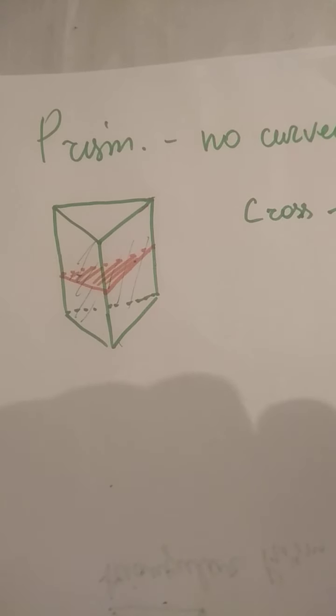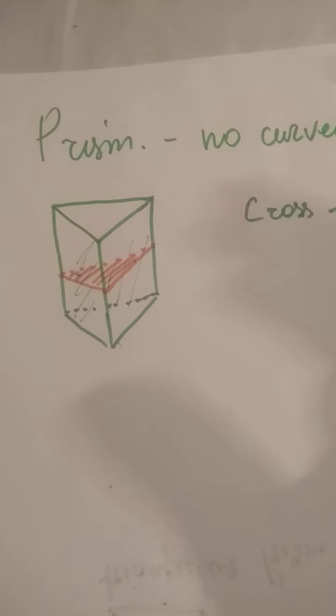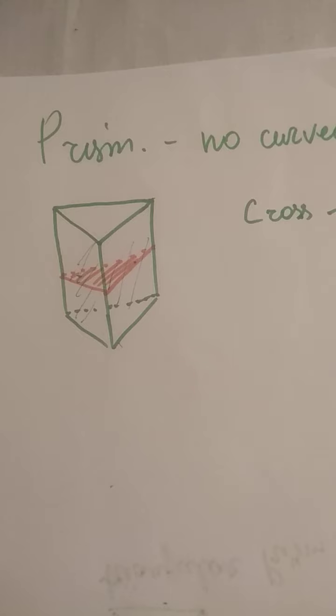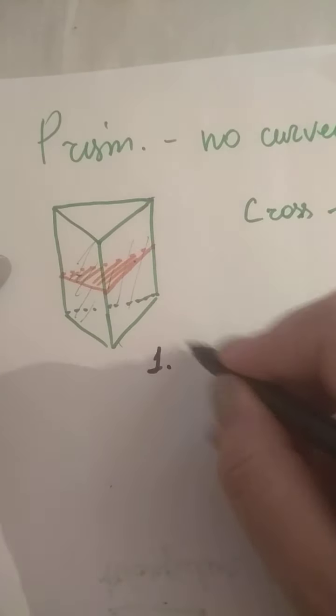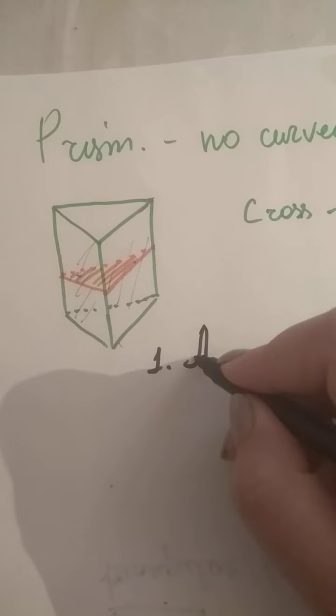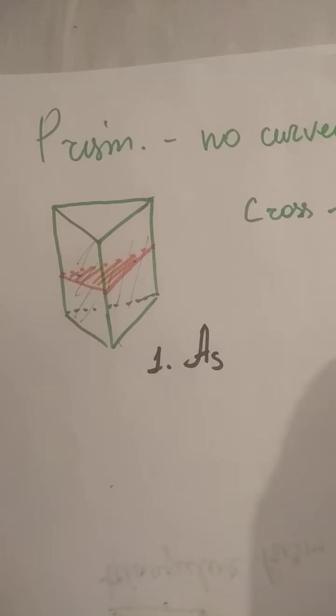And also guys, cube or cuboid are just types of prism. Okay, all of them are prisms. So for the prism, you need to know firstly the surface area. Let us take AS for the surface area.